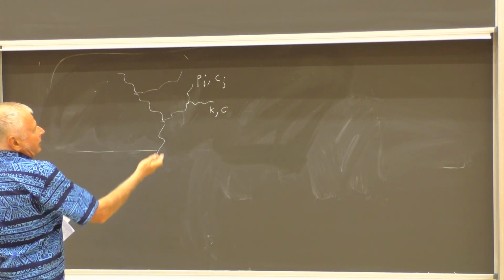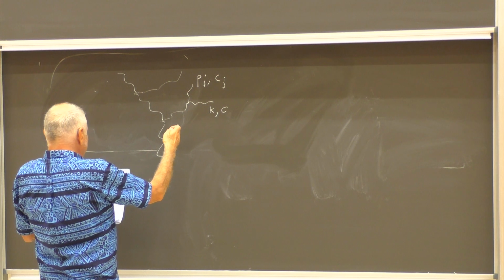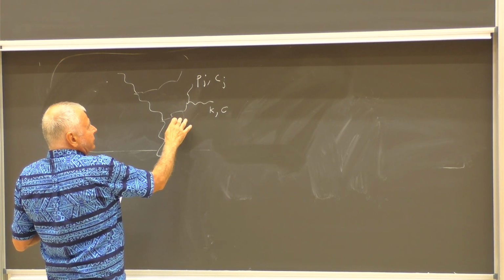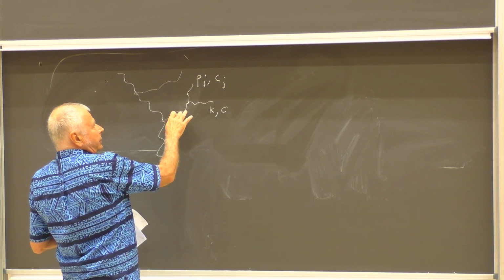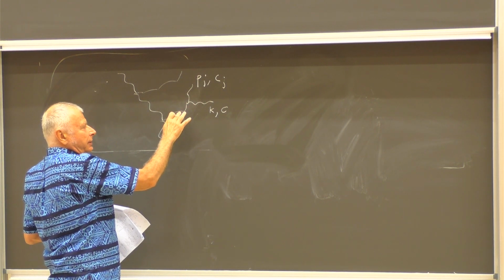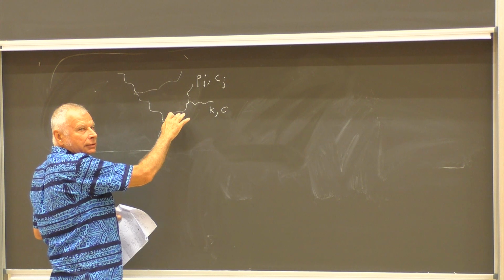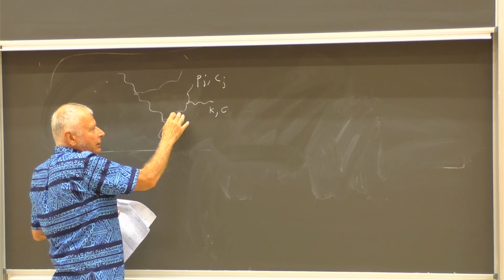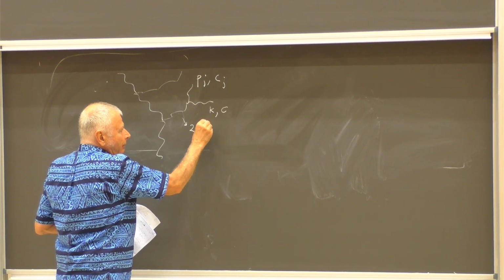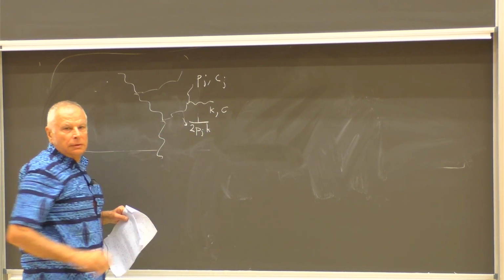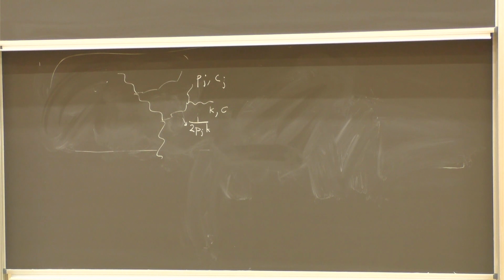So again, the singularities will come from the poles which appear when K goes to 0. This intermediate virtual gluon goes on shell, and you get a singularity from that propagator, 1/(2 Pj·K). Okay? It's exactly the same story.